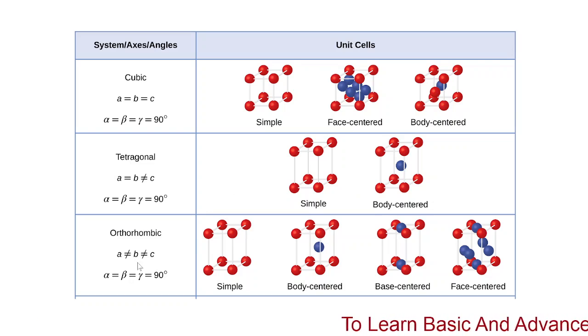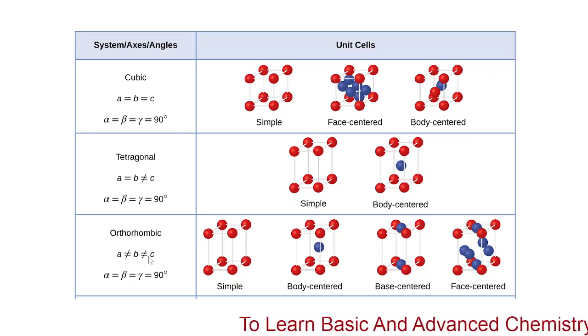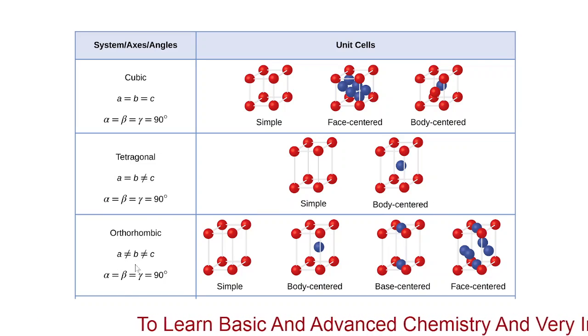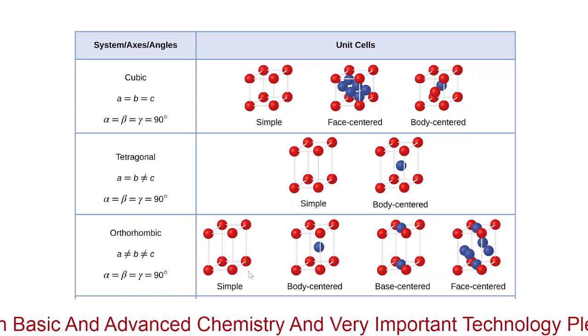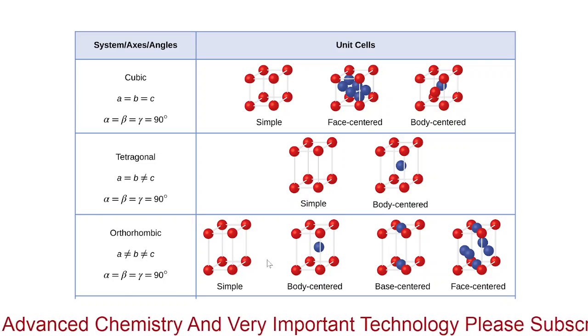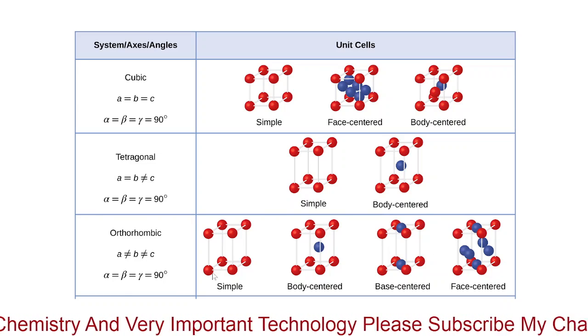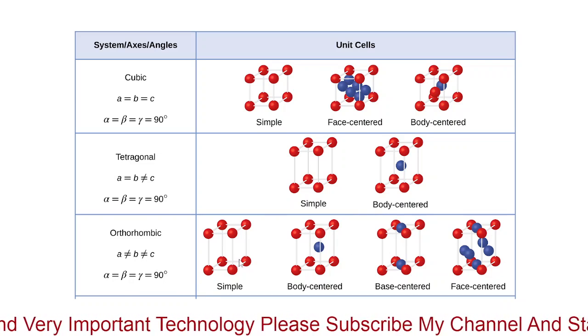Orthorhombic we have mentioned, where A not equal to B not equal to C, but alpha, beta, gamma all equal 90 degrees. In that case we can have four different types of orthorhombic structure.